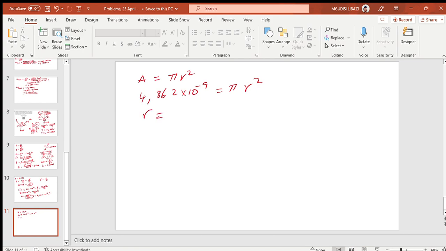So our r will be that divided by pi, and then we take the square root of that, and we get 0.0000393. Those are meters. If you multiply that by 1000, we get 0.03934, or 393 millimeters. So that's how we can find that.